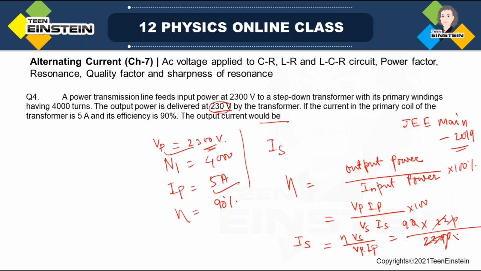IP I have not mentioned here, so this is IP. VPIP, and here 100 also has to be there. I think this space is too congested, that's why the calculation error is coming. Let me write on the left hand side, or maybe go to the next page.